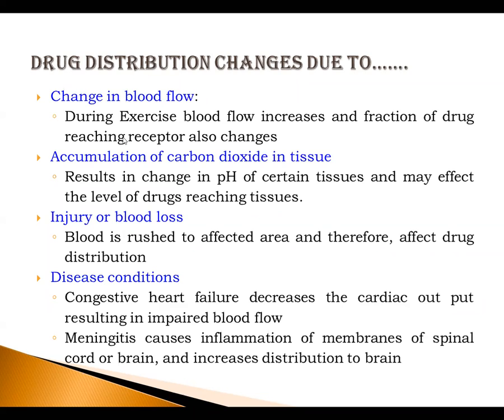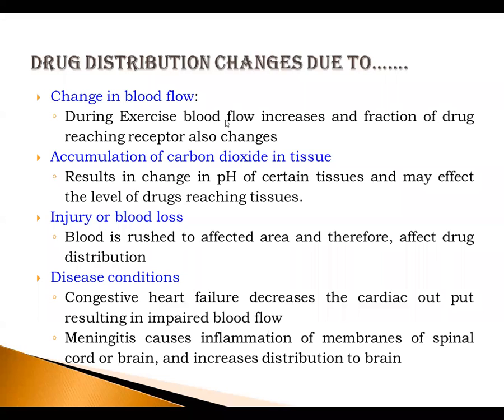Why can the blood flow change? It can happen during exercise. Blood flow increases and the fraction of the drug reaching the receptor also increases, so there's a chance that distribution will be fast. The volume of distribution is a mathematical, quantitative way of expressing distribution, and that volume can be affected by all these factors.